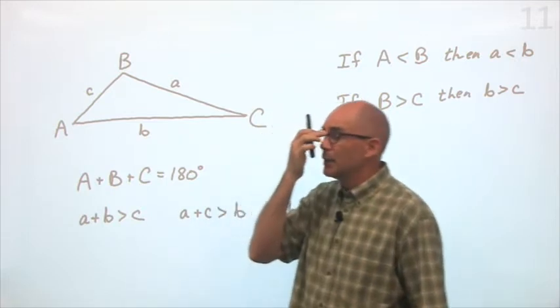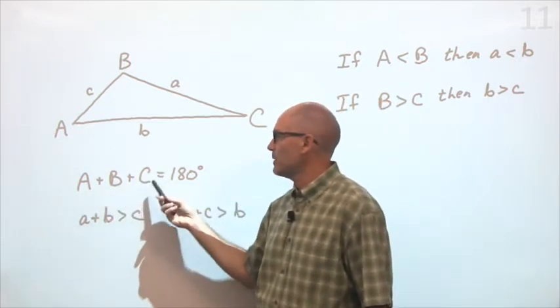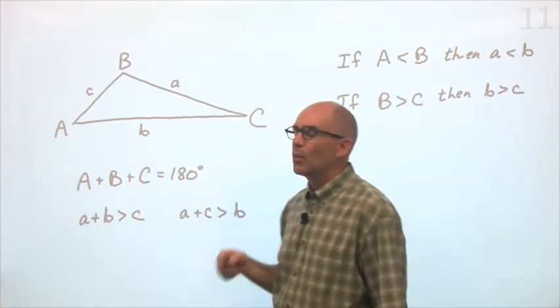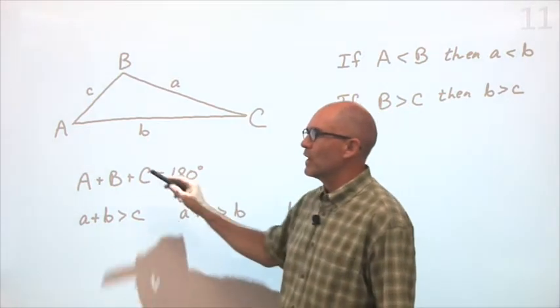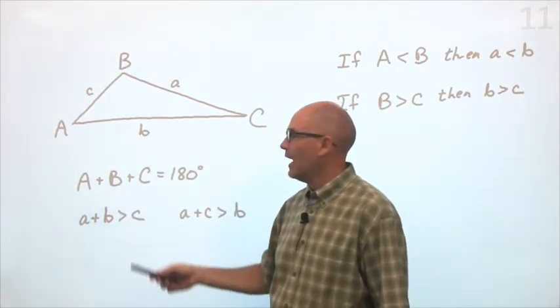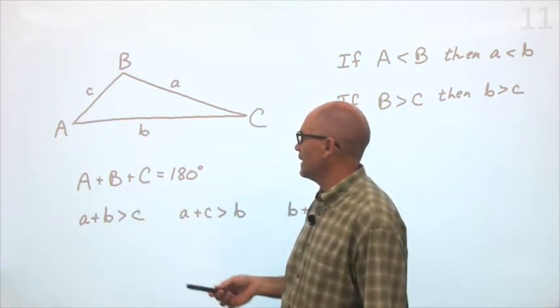Now, technically, we should be writing the measure of angle A plus the measure of angle B plus the measure of angle C equals 180. But what we're going to do is call the measure of angle A just A, and the measure of angle B just B, and the measure of angle C just C.